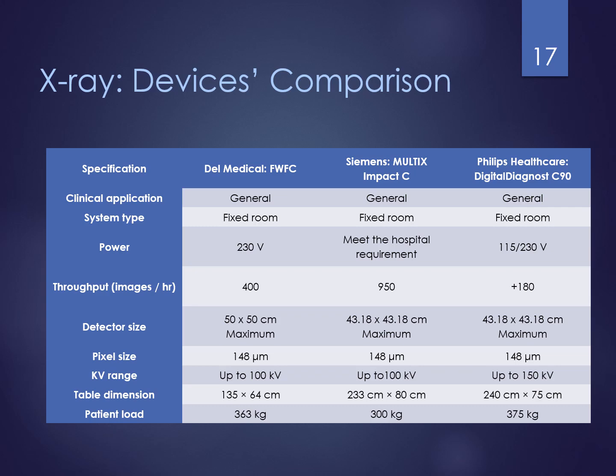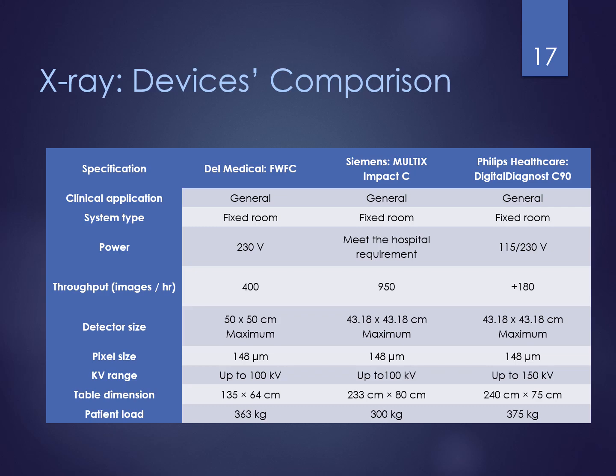For the throughput, the Dell Medical FWFC produces around 400 images per hour, the Siemens X-ray produces around 950 images per hour, and the Philips more than 180 images per hour.